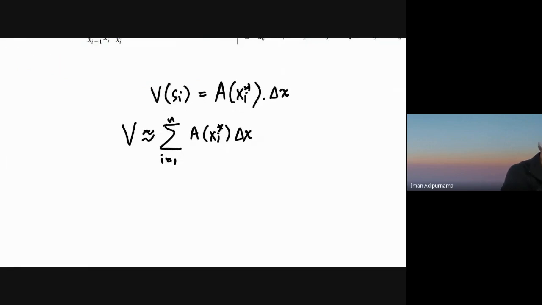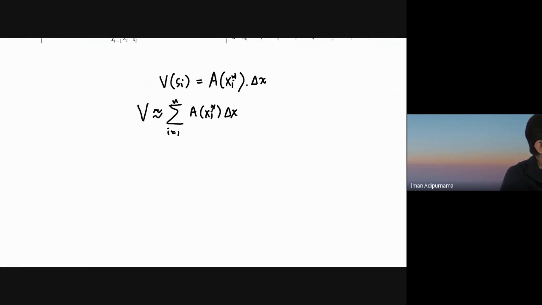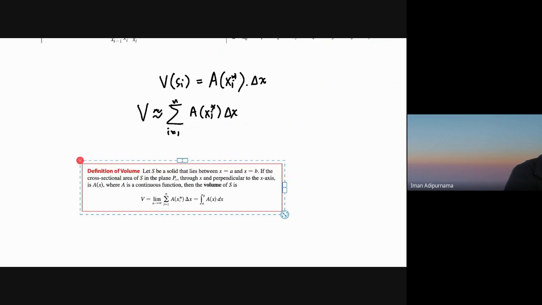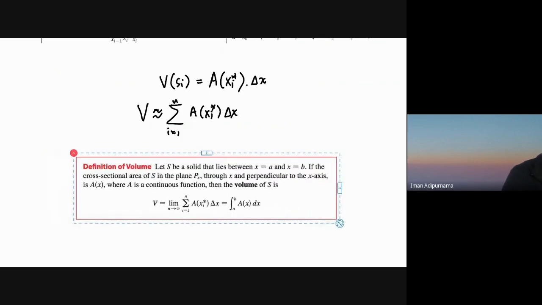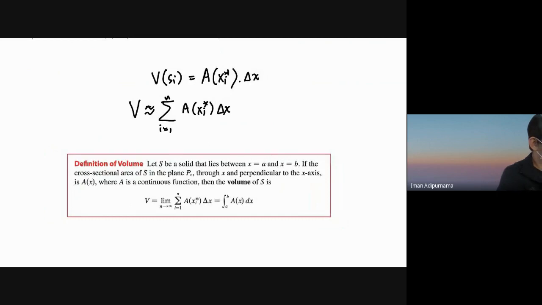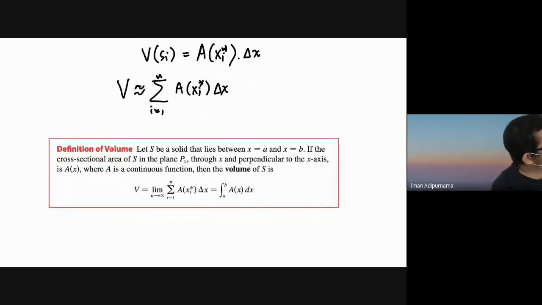And of course, we deal with the limit again to justify this approximation. So we have this to justify. Let S be a solid between x equals a and x equals b.